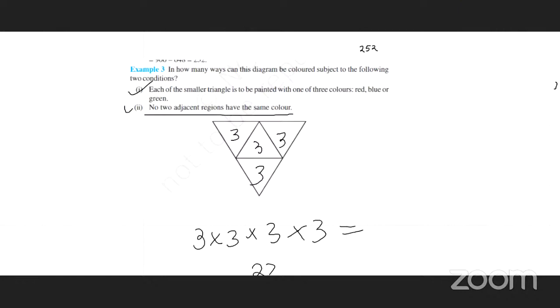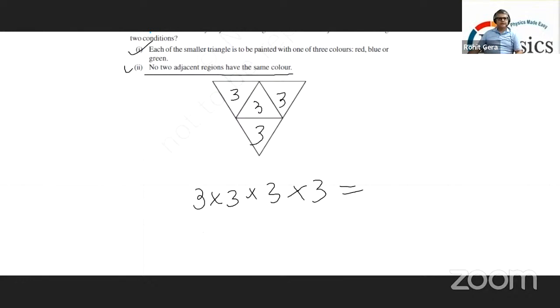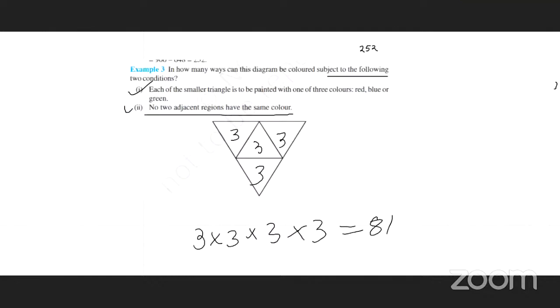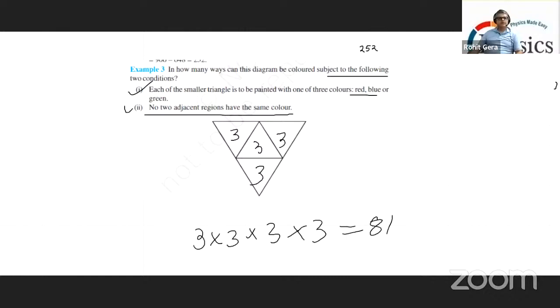So repetition is not allowed. So this becomes 81. No, both have to be met simultaneously. Sorry, I think the language should have been clearer. It says subject to the following 2 conditions, so both have to be applied. So repetition is not allowed.